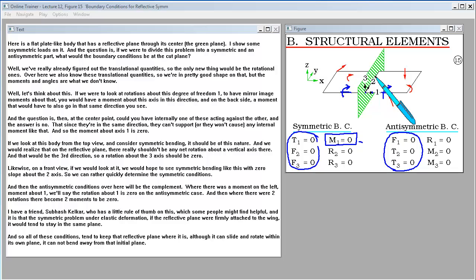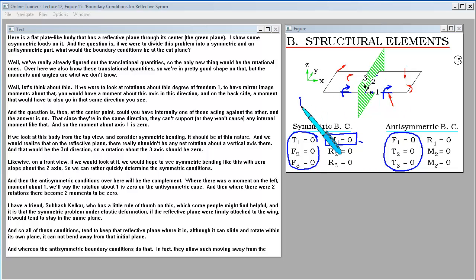If we look at this body from the top view and consider symmetric bending, it should be of this nature, and we would realize that on the reflective plane there really shouldn't be any net rotation about a vertical axis there, and that would be the third direction, so the rotation about the 3 axis should be 0.